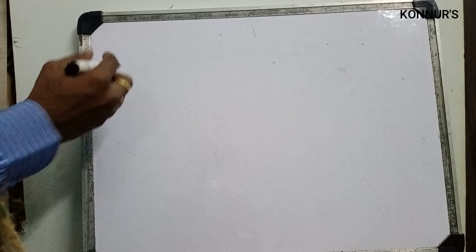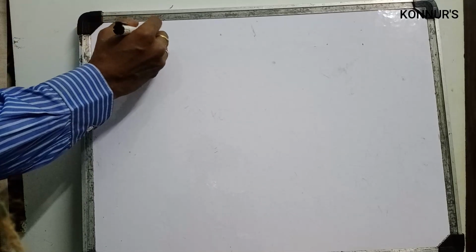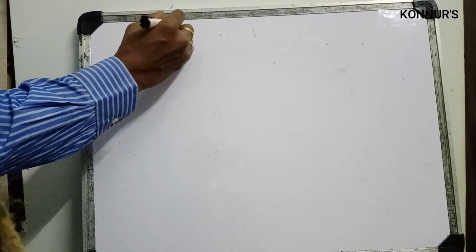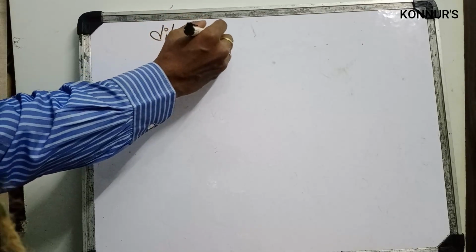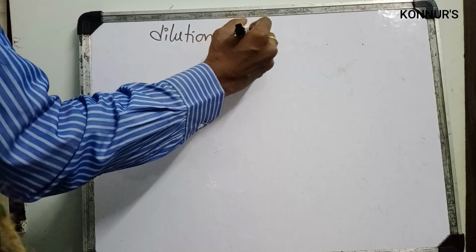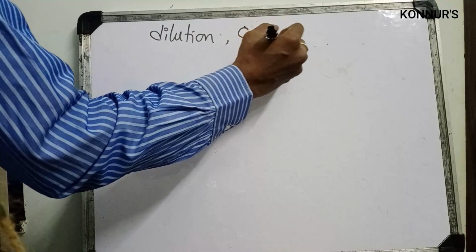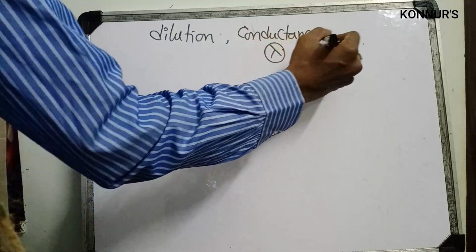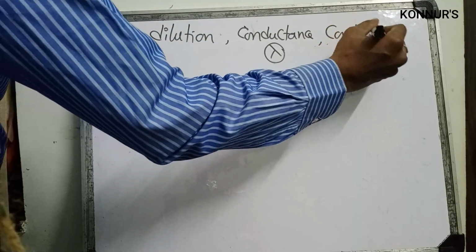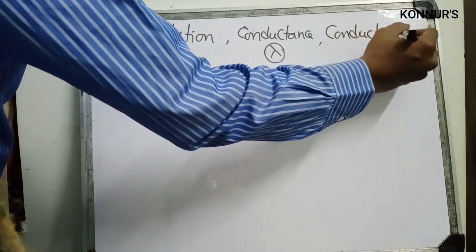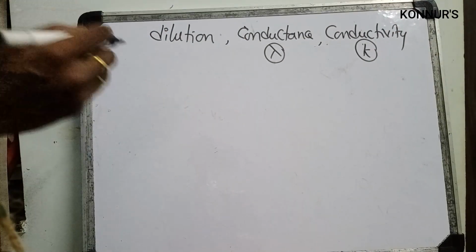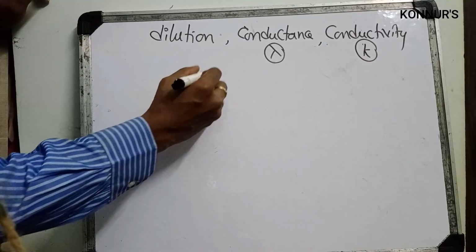Now we will discuss the relation between dilution and conductance. Conductance means lambda. Next, conductivity, the K value. Already in solutions we discussed: solution means what?